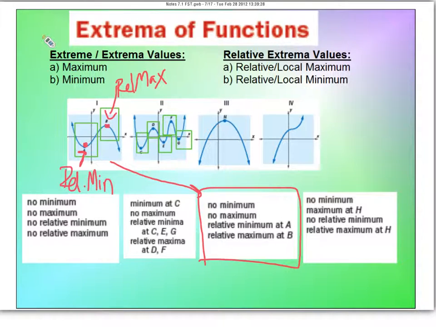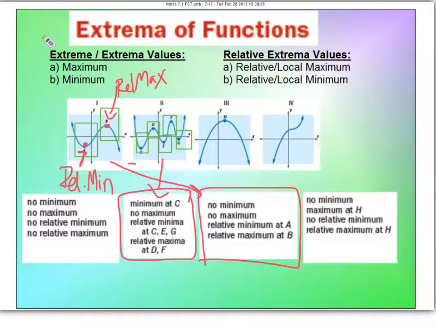So what you're seeing here is actually the minimum of the function, but it's also a relative minimum of that section. This is a relative max, this is a relative min, that's a relative max, and this one here is a relative min. So graph number 2 actually coincides with the words right below it.